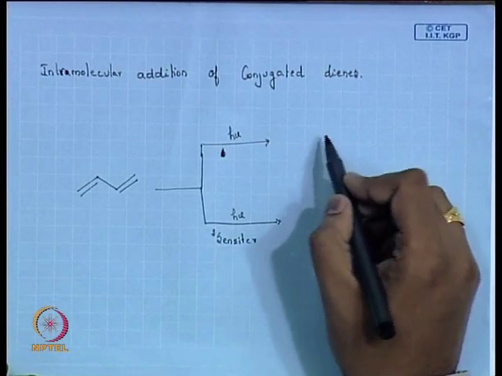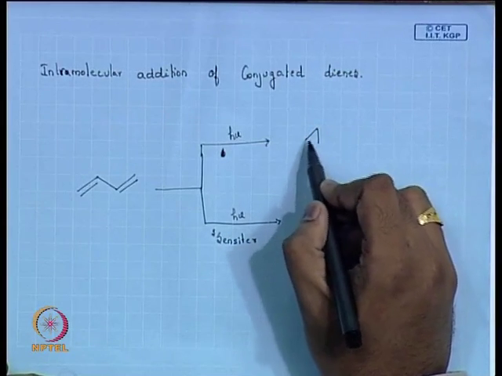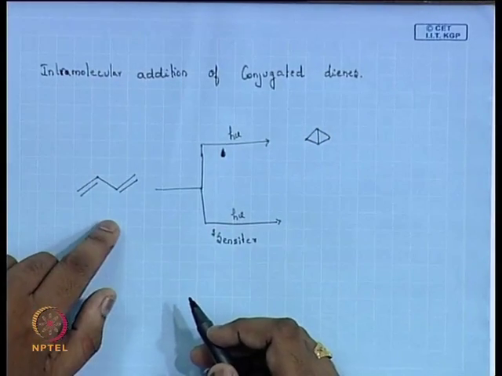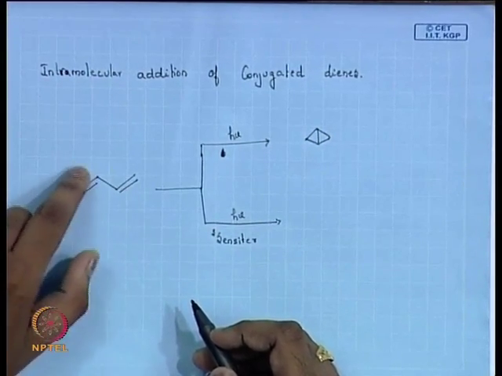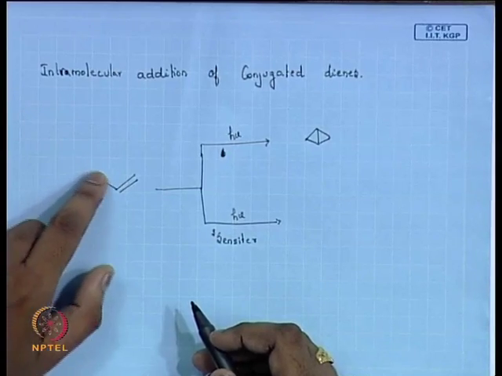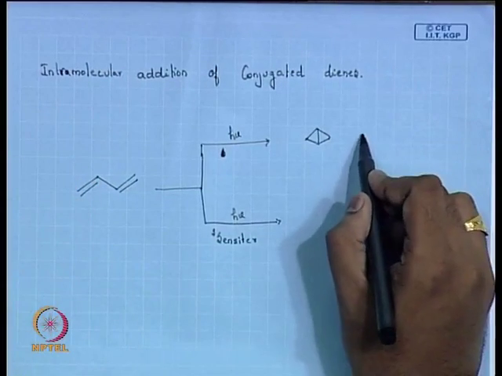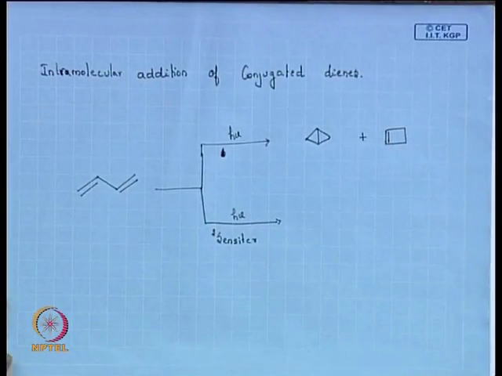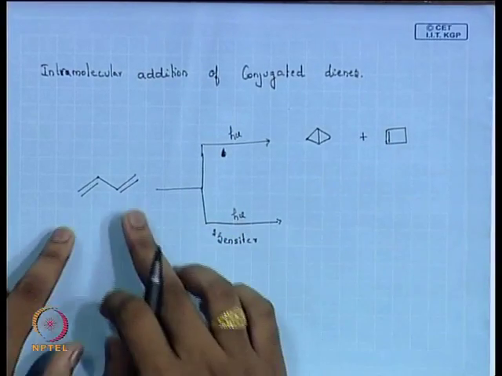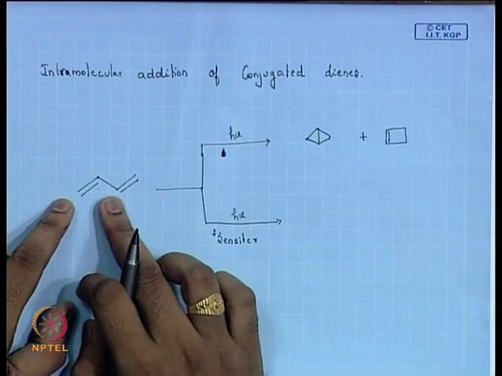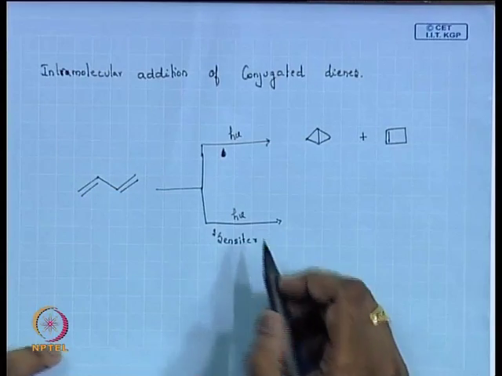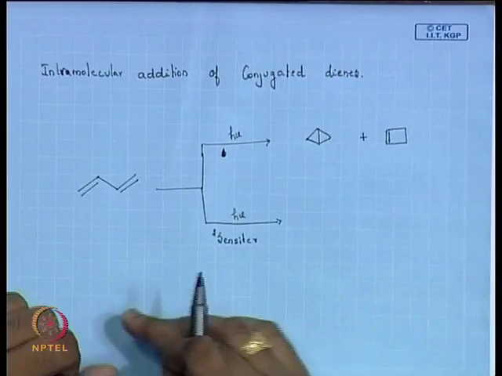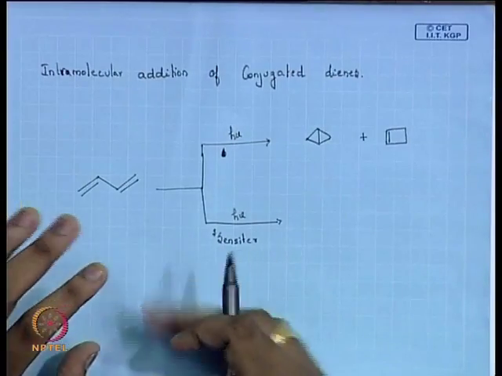If I do it directly, I end up with a product which is sort of an intramolecular addition. Okay. I get two products which are just an intramolecular addition. But if I do photolysis in presence of sensitizer, then I get a sort of intermolecular addition.